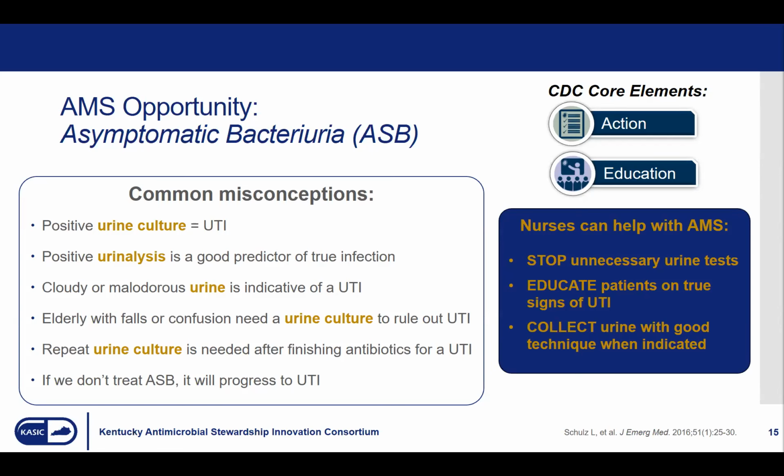This is a reason for several hospital admissions among the elderly, and the asymptomatic bacteriuria guidelines have actually come out with a specific statement regarding this scenario, stating that if that patient comes in and they are confused or they had a fall, if they're otherwise clinically stable, they don't have signs of sepsis, the patient can be observed off antibiotics and investigated for other causes, since there are so many other potential reasons for that. And then, repeating urine culture is needed after finishing antibiotics.